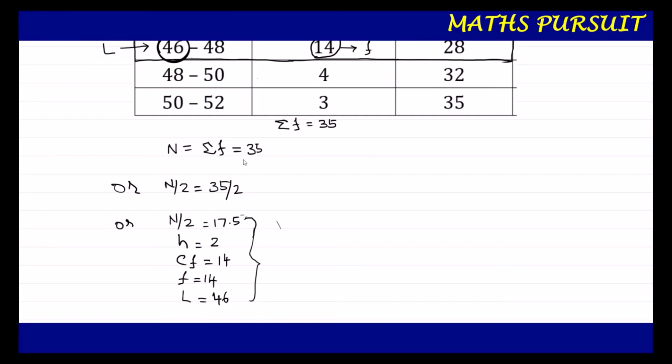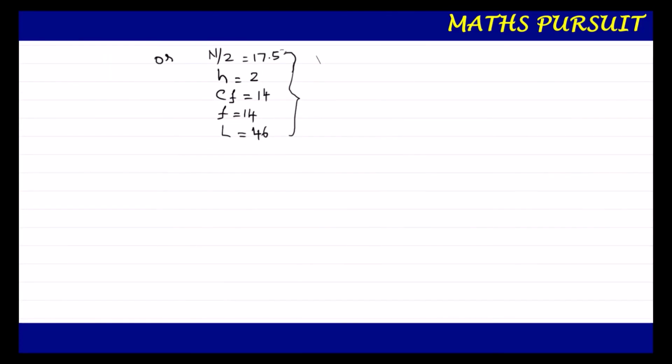Now we know the median formula. Let us put these things in the median formula. So I can write median is equal to L plus, here L is 46, plus n upon 2, that is 17.5, minus cumulative frequency, that is 14, upon frequency, that is 14, into class height.